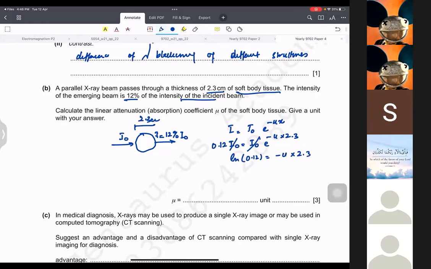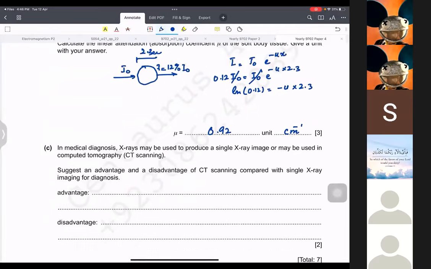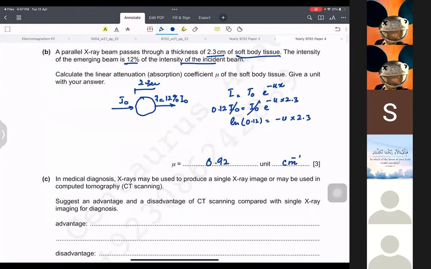And the answer is 0.92, and centimeter to the minus 1 should be the unit. We took it in centimeters, right? That's one. I converted and wrote 92 per meter, so that's fine if you convert it.